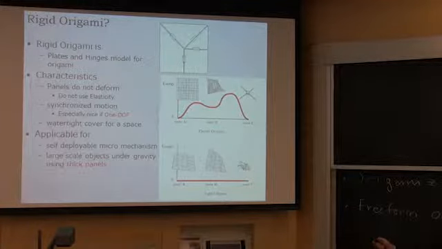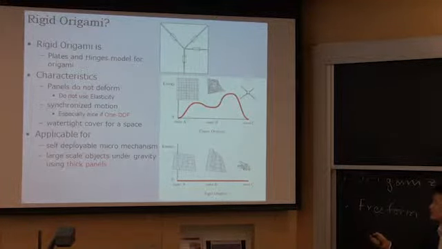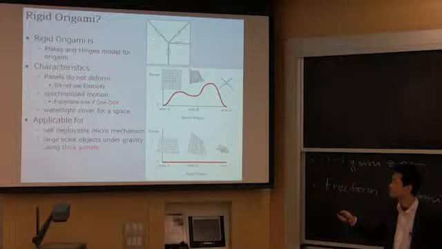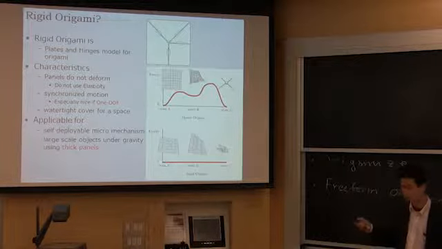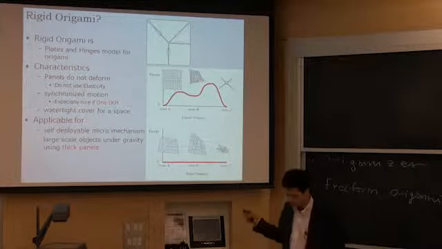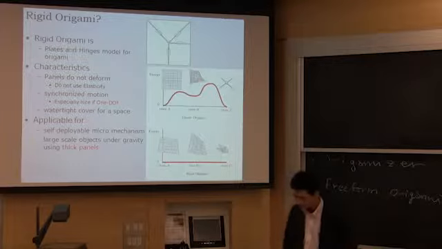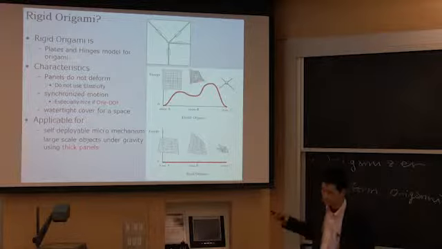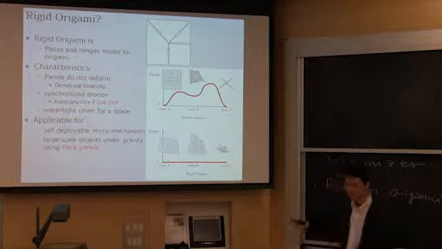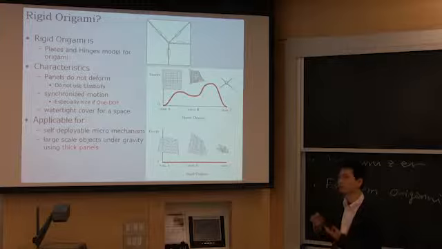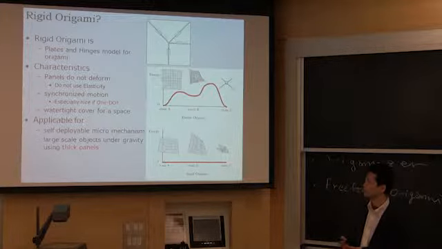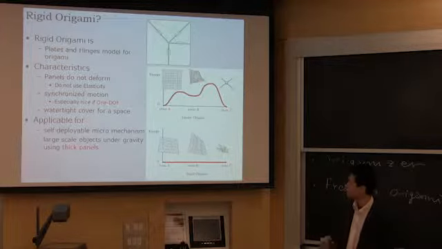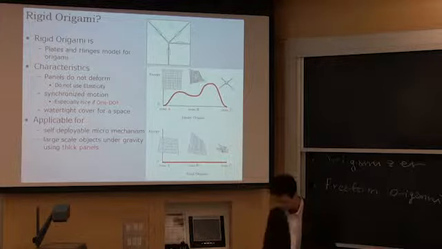Each rigid panel is connected to the adjacent panel with a rotational hinge, a one-axis hinge. The panels do not deform, and it produces synchronized motion. So that's the model when you want to apply origami's dynamic features to some designs.